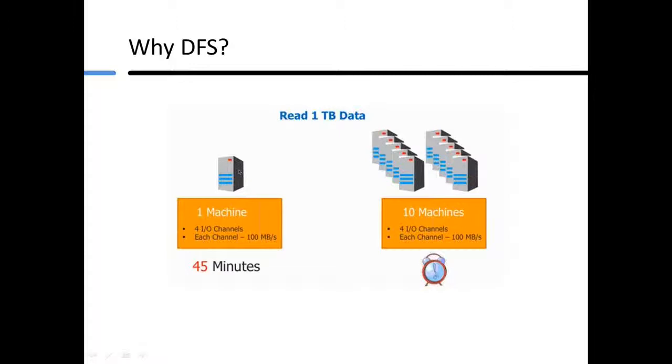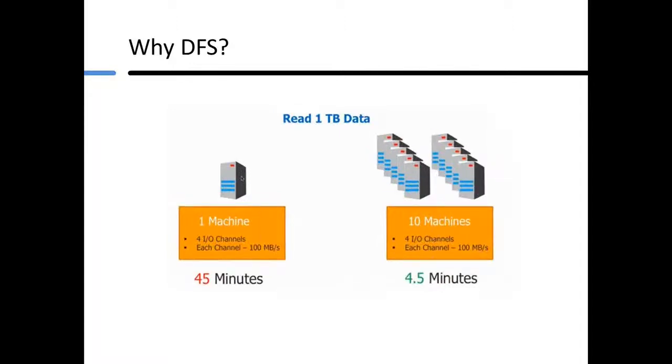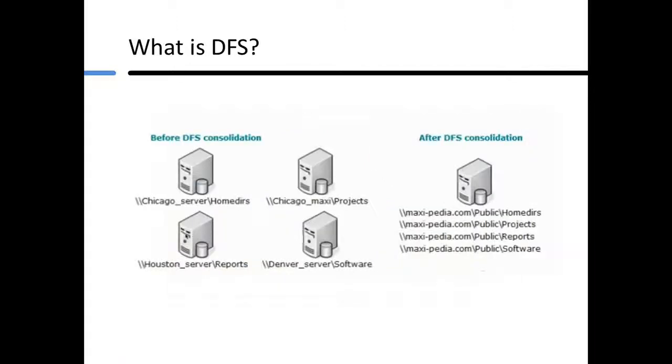If you distribute your data across 10 machines and want to read 1 terabyte of data, we can read it using parallelization. How much time will it take? About 4.5 minutes, which is much faster. That is one of the fundamental reasons why a distributed file system exists and why it is needed.